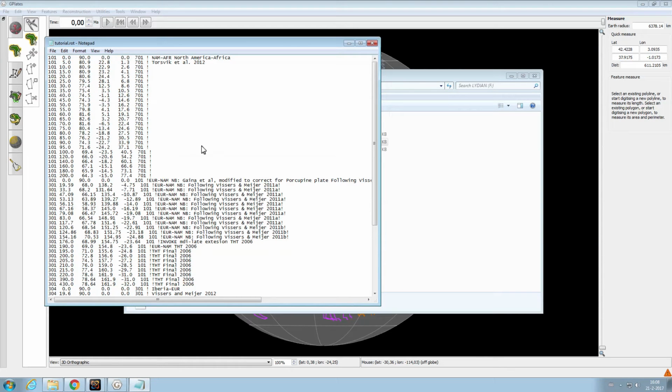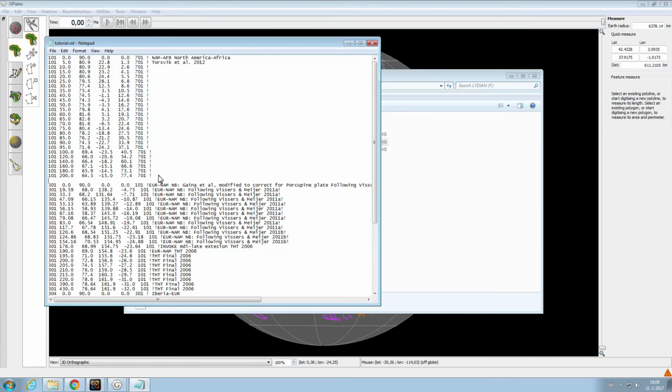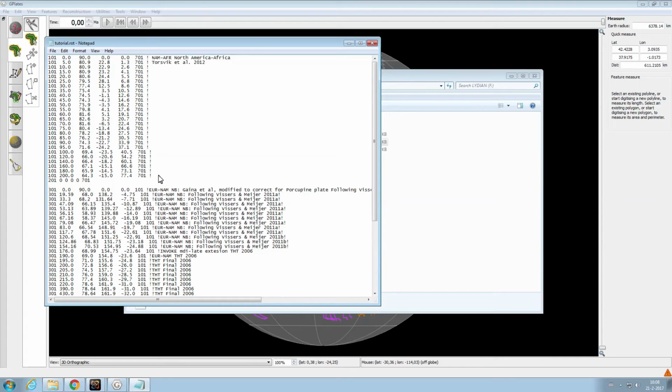It doesn't really matter where you add those lines, but to keep the plate IDs in order, I'm going to put them here. South America is 201, and I'm going to add a line for the present, 701, and then an extra line. And the age of this line doesn't matter much, as long as everything that you want to do, every rotation that you want to calculate, is within that time interval.